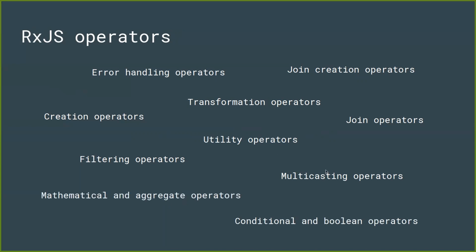Well, we're not going to talk about every one. We simply don't have enough time for that, but we will take some examples and we will try to use different operators from different categories for trying to solve some proposed problems.